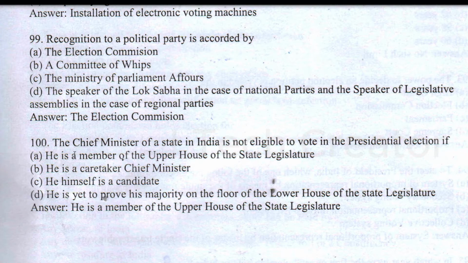Serial number 100. The Chief Minister of a state in India is not eligible to vote in the presidential election if he is a member of the upper house of the state legislature.